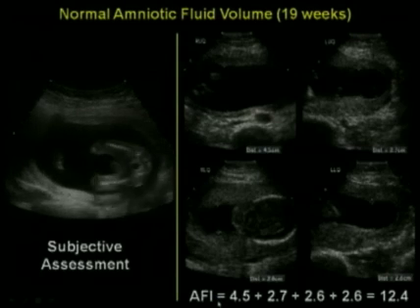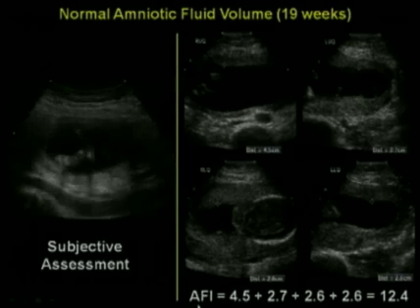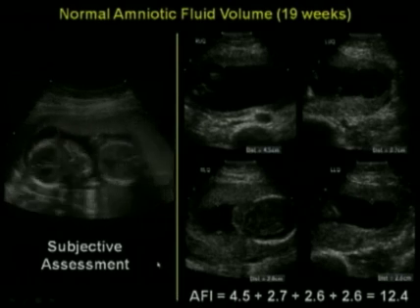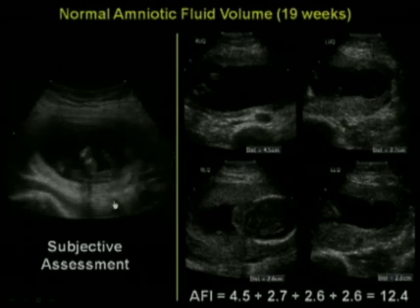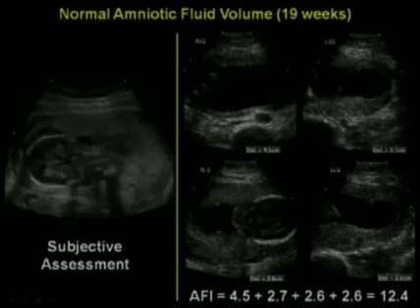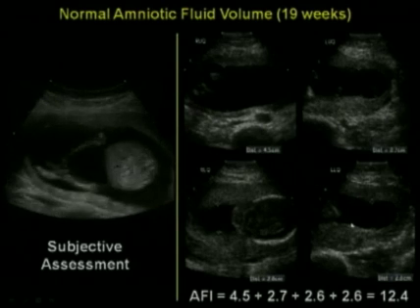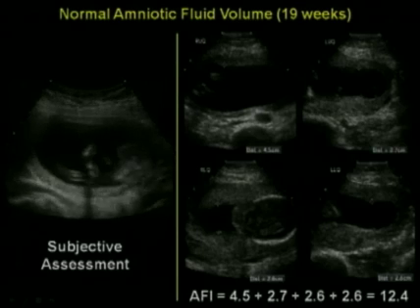Here are 2 different cases of normal amniotic fluid volume. We're sweeping through, and this looks subjectively normal, and when we do an amniotic fluid index on a normal case, we're getting 12.4 centimeters.